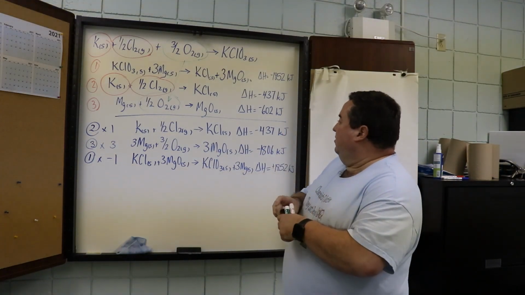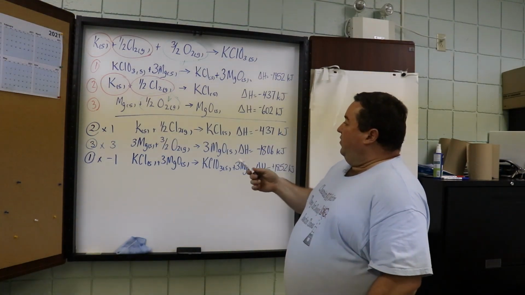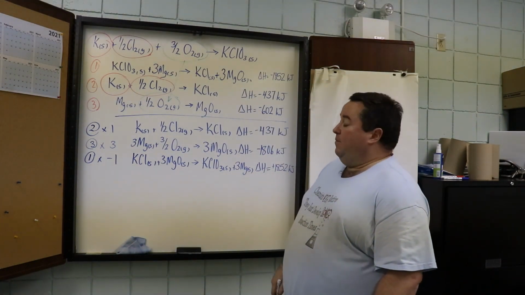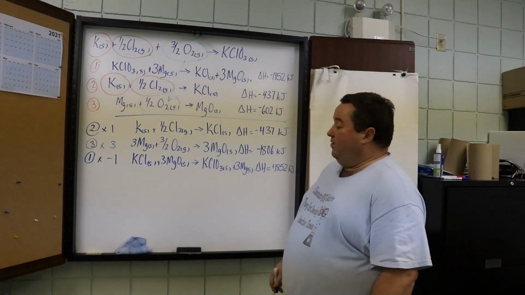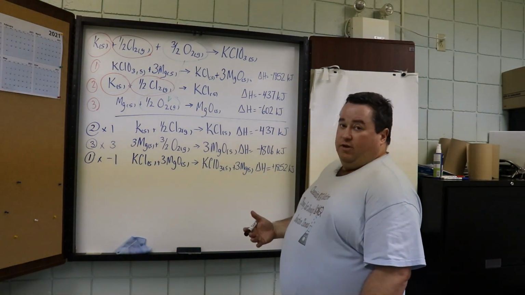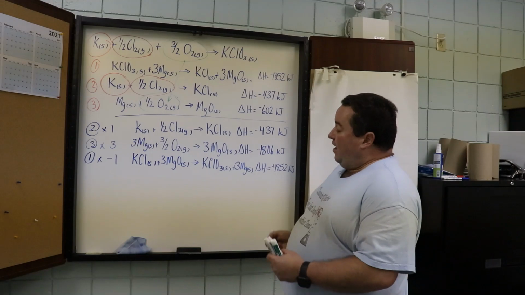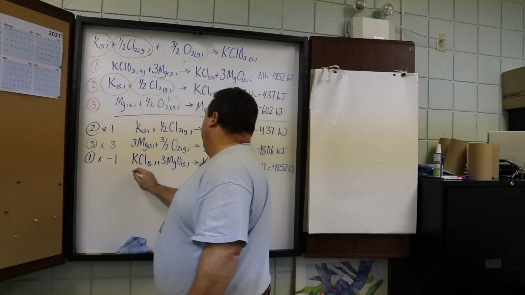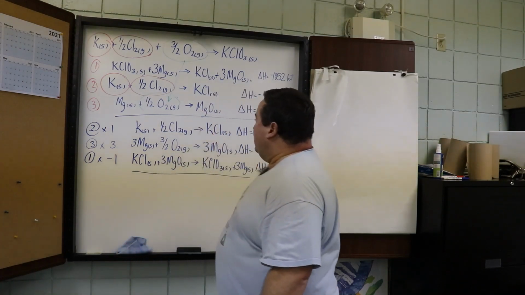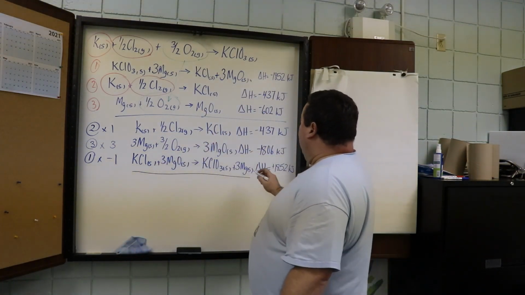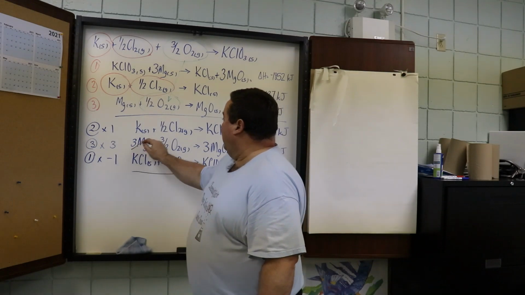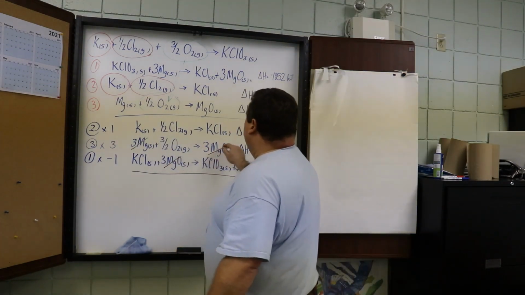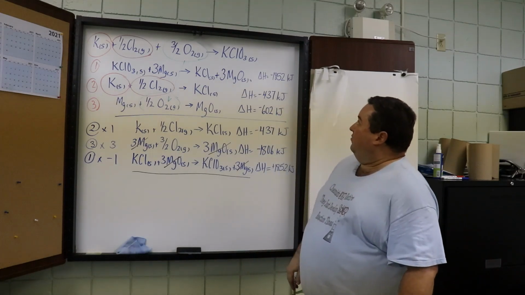So now, if I cancel things that are equal and opposite, add things that are in common on the left, add things that are common on the right, I should get the overall reaction that I was looking for. So we can see here that we have 3 magnesium on each side. They can cancel. We have 3 magnesium oxide on each side. They can cancel.